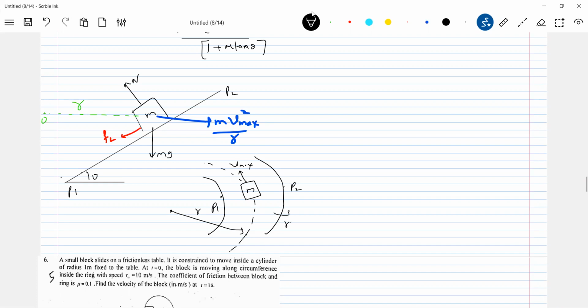It's rough. This is the point. Now try to equate here again. What are the forces perpendicular to incline? FL will act parallel to incline. Perpendicular to incline, again, N minus mg cos theta minus m V max square by R sin theta equal to 0, because most of you are very familiar with the friction concept, no? So I'm just taking help of that idea here.